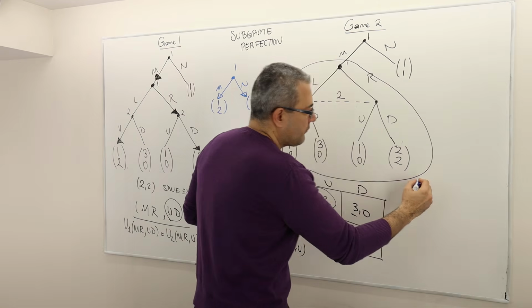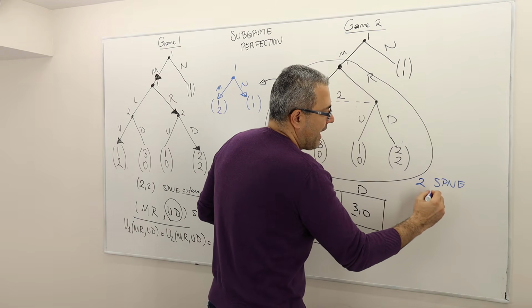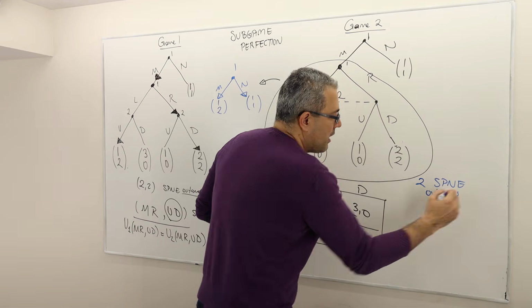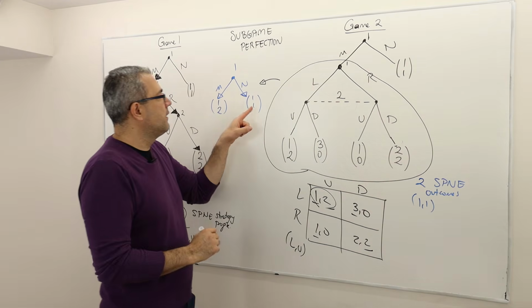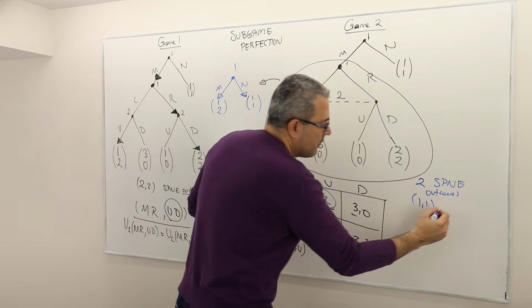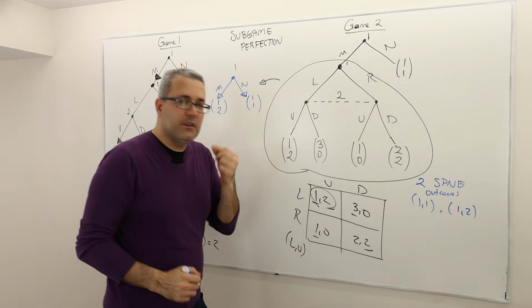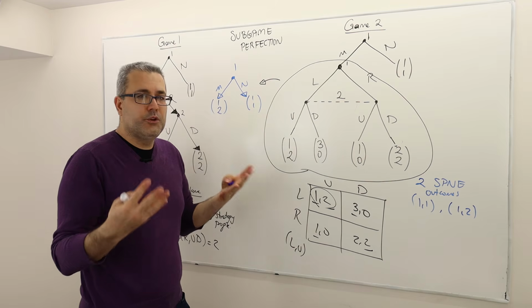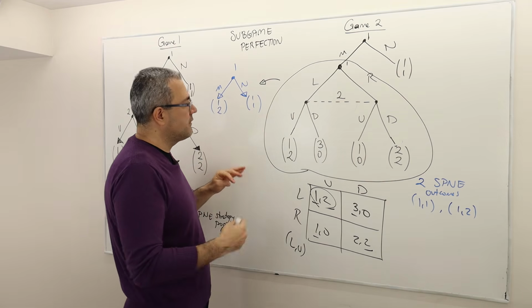There are 2 subgame perfect Nash equilibrium outcomes. The first one is payoff 1 and 1, all right? And the other one, the payoffs 1 and 2.